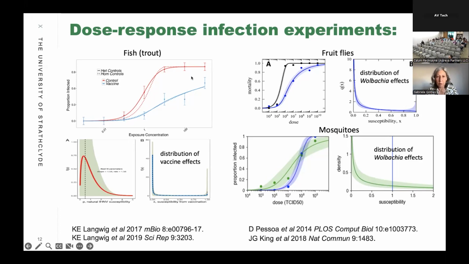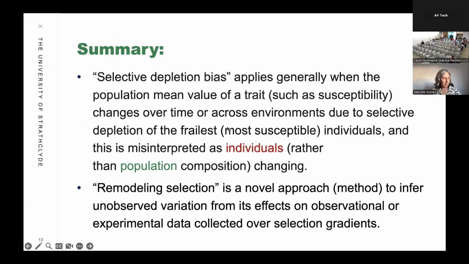We've done this for fish studies, and in insects, fruit flies and mosquitoes, where instead of vaccines we have Wolbachia, which also reduces susceptibility. We were able to successfully estimate these distributions. We are now starting to collaborate with clinical colleagues who do human challenge studies, and we're trying to apply the same ideas there. Okay, so I'm finished.